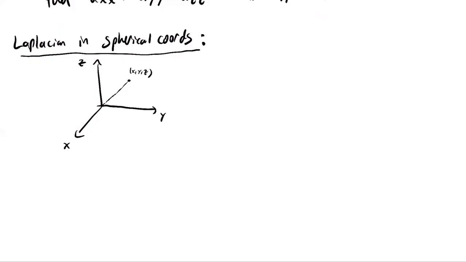Well, spherical coordinates are usually described as some parameter r, which is the length of this vector, and then 2 angles, theta and phi. Right, so r is going to be the length of this vector, so it's the square root of x squared plus y squared plus z squared.